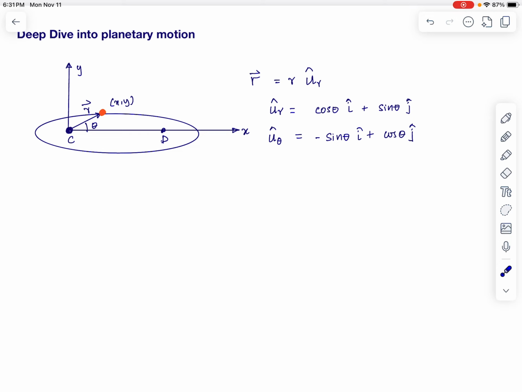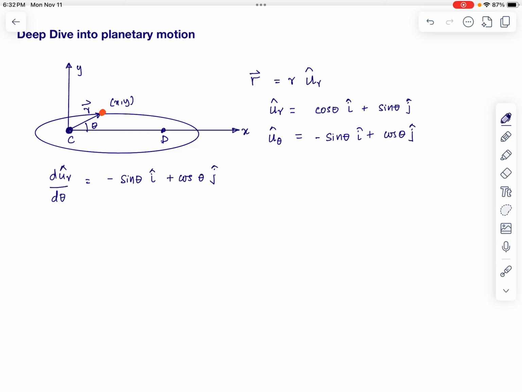Let us go ahead and find the derivatives of ur and u theta with respect to theta, because these will be useful later on. If you do dur by d theta, you get minus sine theta times i hat plus cosine theta times j hat.